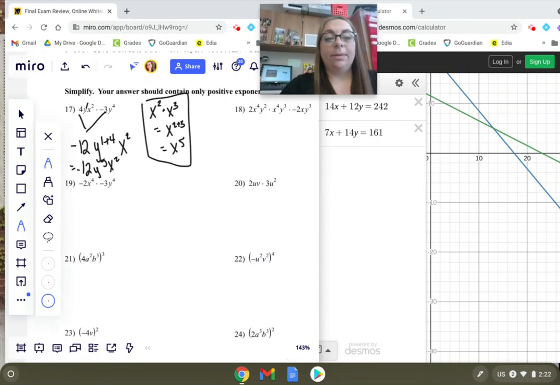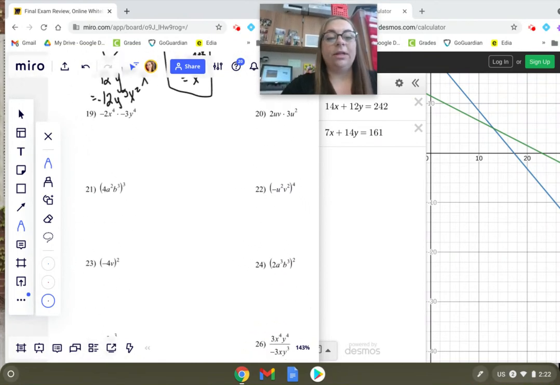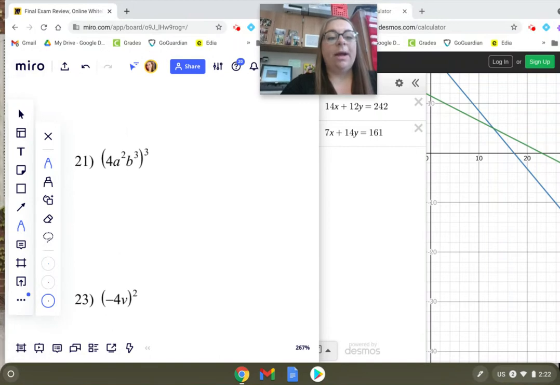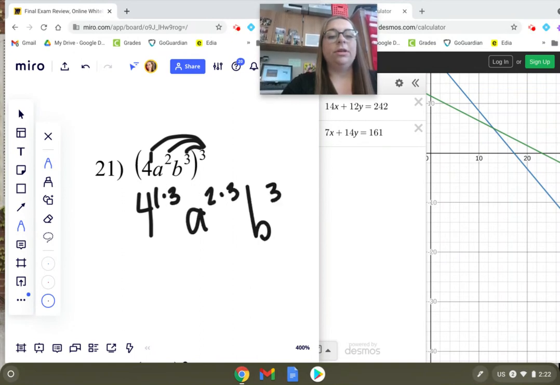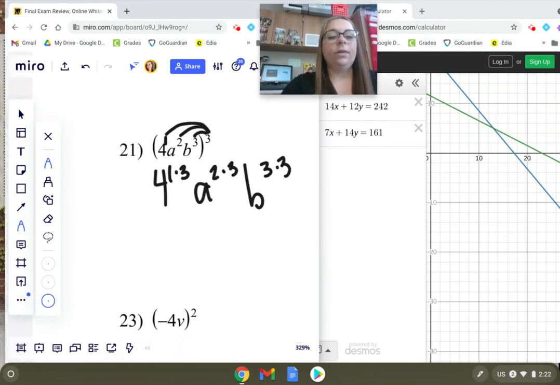Number 18, same thing. 19, same thing. 20, same thing. 21 is a power to power. So remember, we want to make sure that everything has an exponent first. So putting a 1 here, and then take that 3 and multiply it by every single little number. So 4 to the 1 times 3, a to the 2 times 3, and b to the 3 times 3. So I'd have 4 to the 3, a to the 6, b to the 9th.